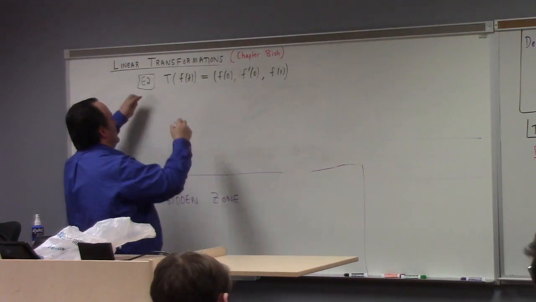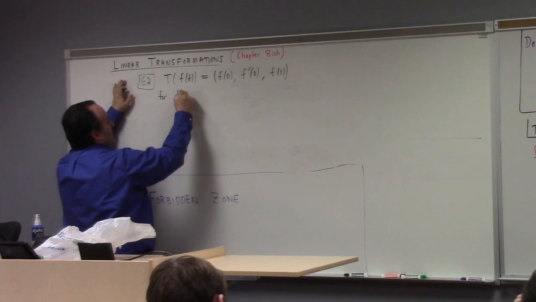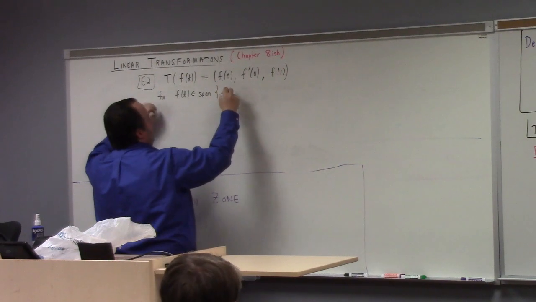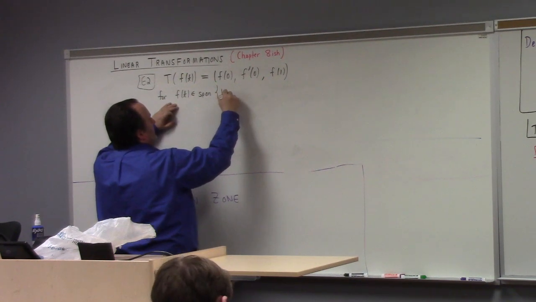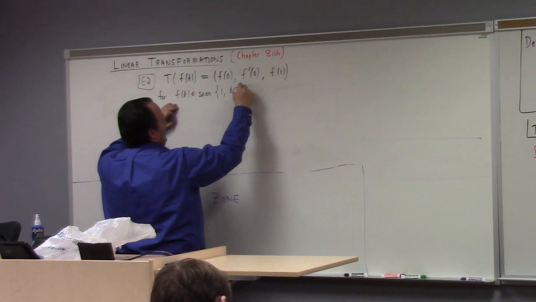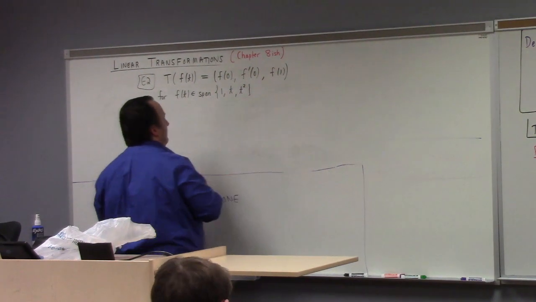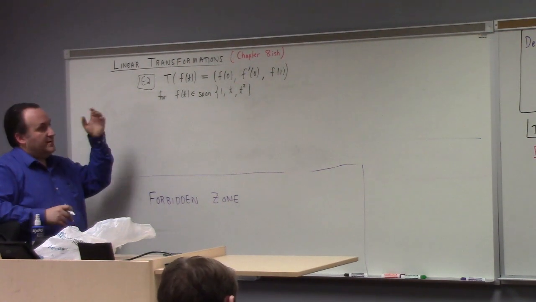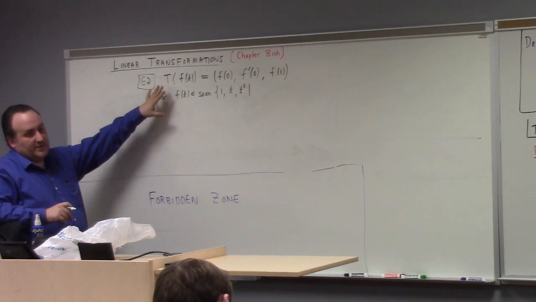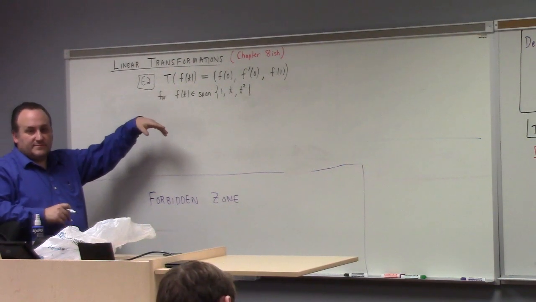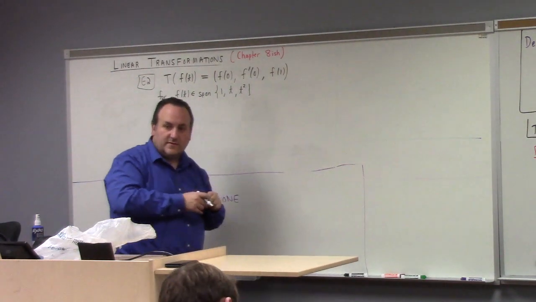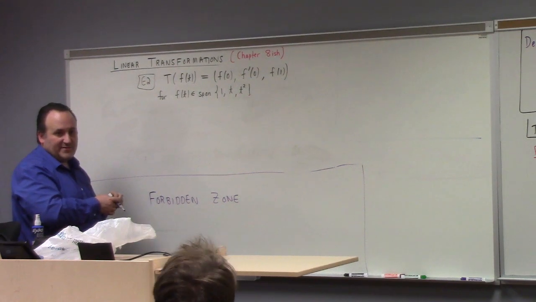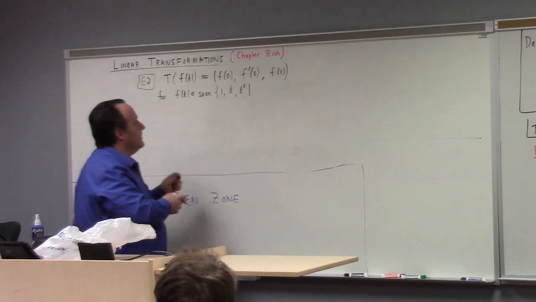And this is for f of t an element of the span of, let us say, 1, t, t squared. I'll keep it relatively simple. So you can check that this defines a linear transformation from quadratic polynomials to R3. If you'd like, I could do something more abstract. Do you want more abstract or less abstract? It's fine. Okay.